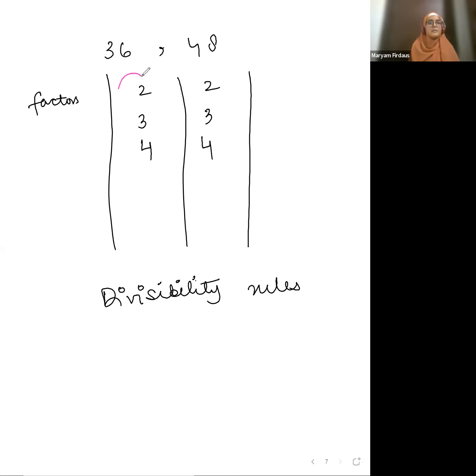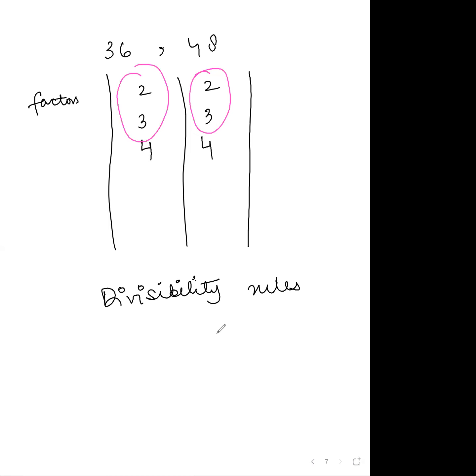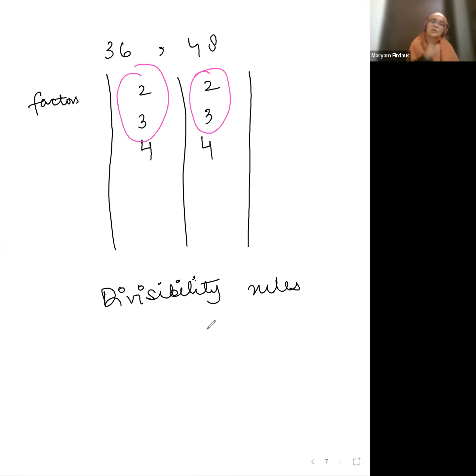If a number is divisible by both 2 and 3, then it is divisible by 6. So if a number is divisible only by 3 but not by 2, then it is not divisible by 6. If a number is divisible only by 2 and not by 3, then also it's not divisible by 6. In order for it to be divisible by 6, it has to be divisible by both 2 and 3.